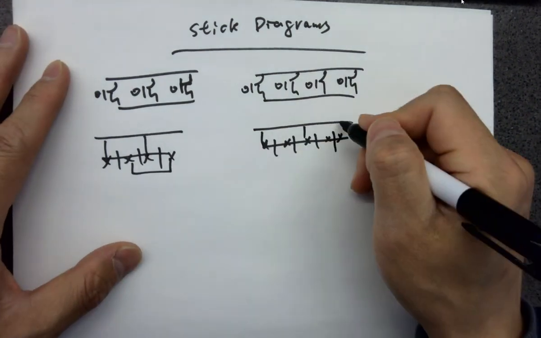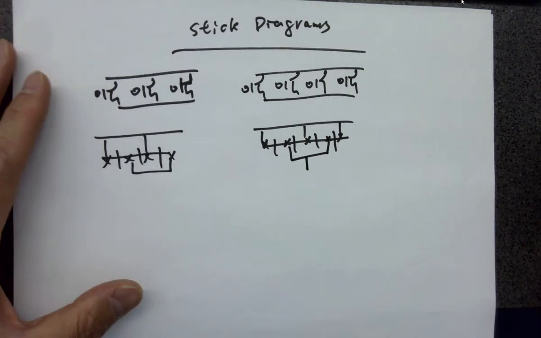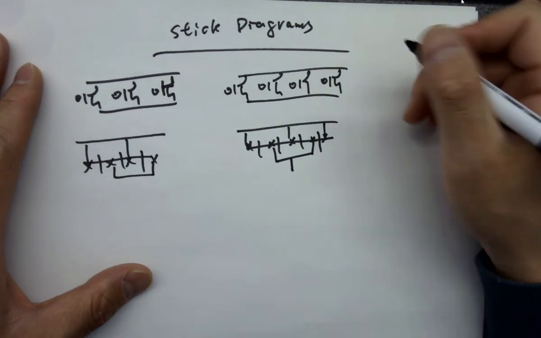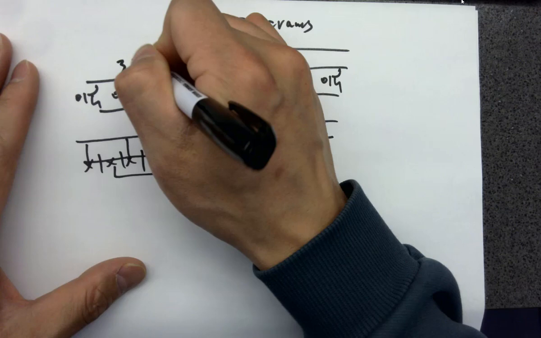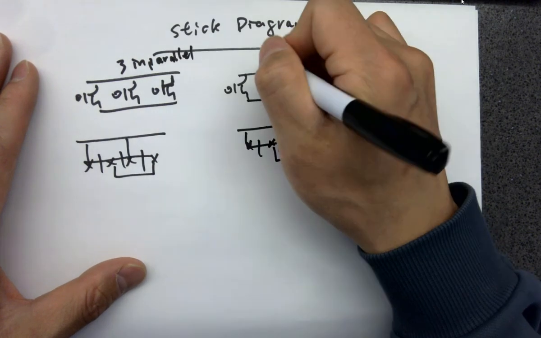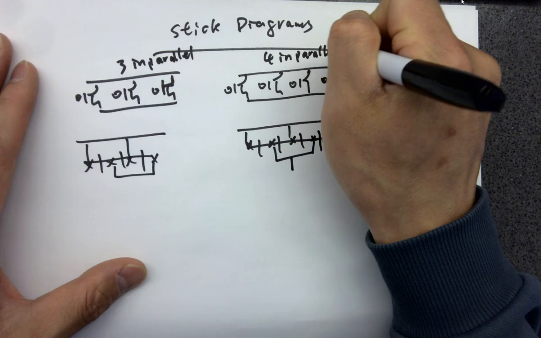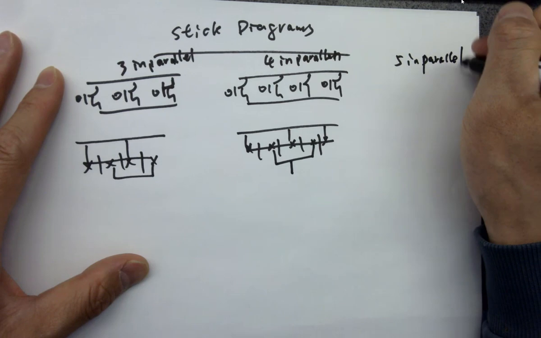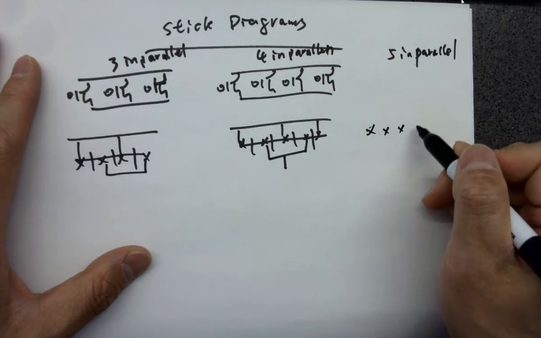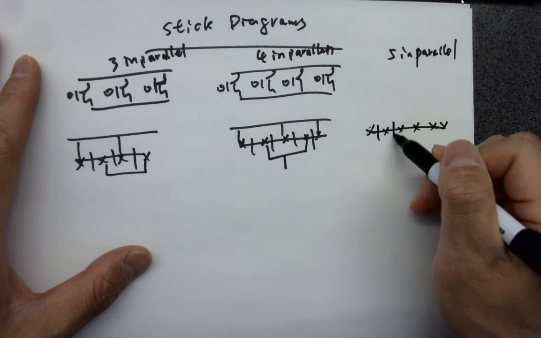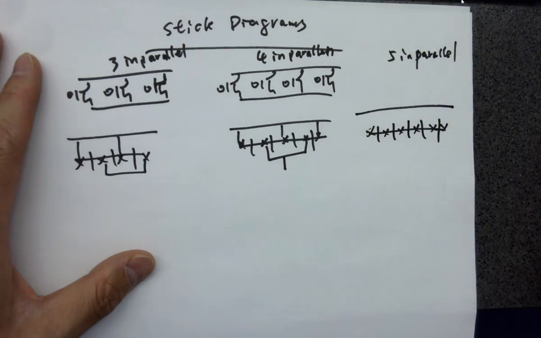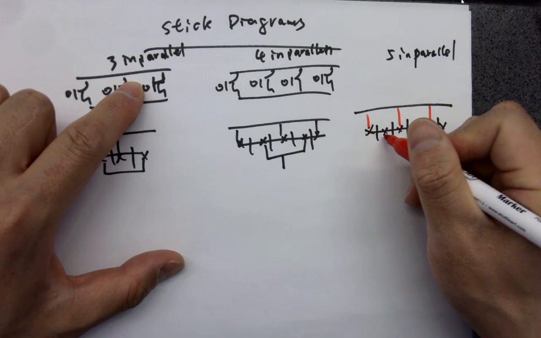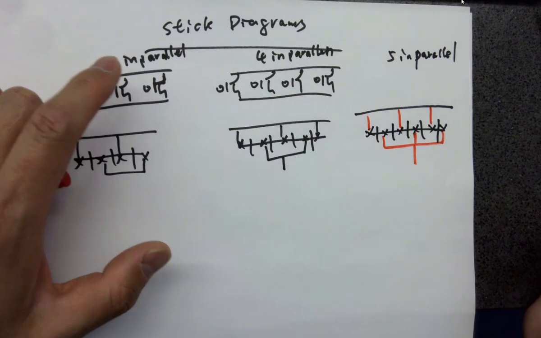Four is like this. Five in parallel: 2, 3, 4, 5, 6. You need 6 nodes. Right.